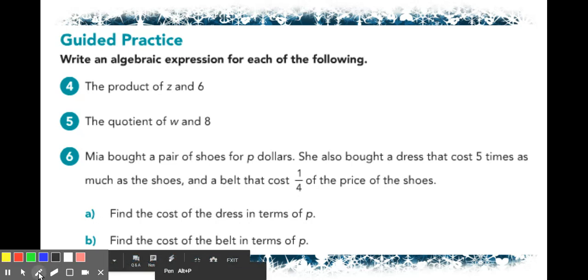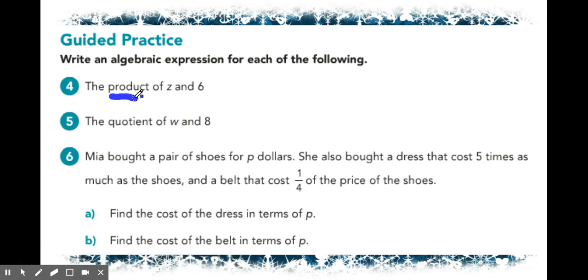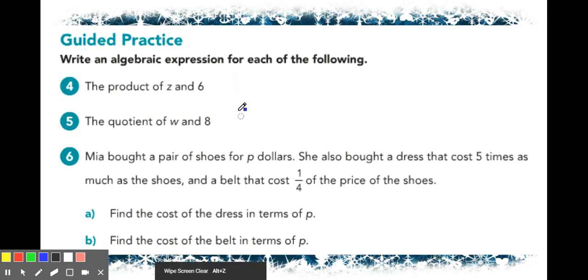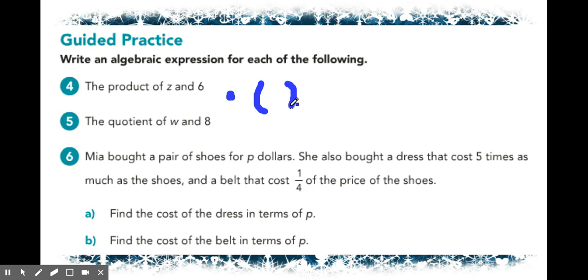Number 4, the product of z and 6. Well, I know that the product means that it's an answer to a multiplication problem. So I'm going to be multiplying z and 6. The problem with what I wrote here is this is not how we write it, okay? In 6th grade, remember we said we either use the dot or we use parentheses.